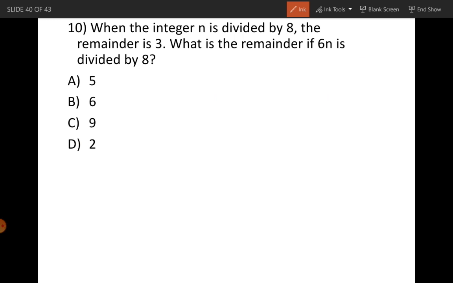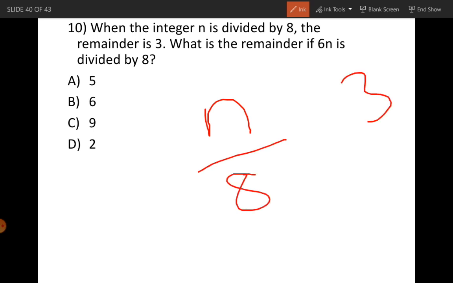When the integer n is divided by 8, the remainder is 3. What is the remainder if 6n is divided by 8?